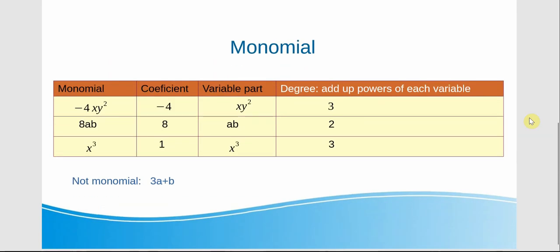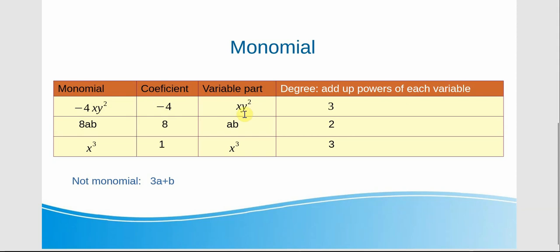Now let's look at a monomial. Normally, what do mathematicians call the number that is in front of the variables? The number part is called the coefficient. For this monomial, the coefficient here is -4.